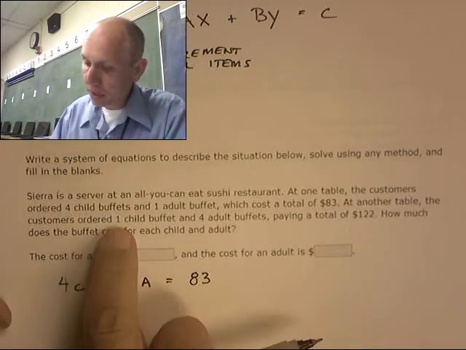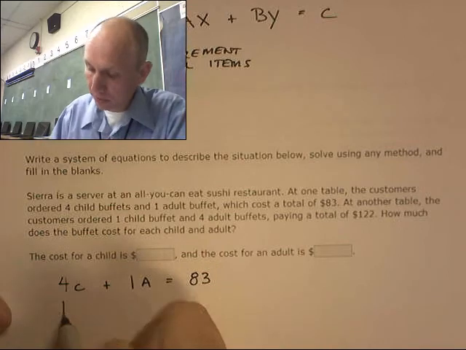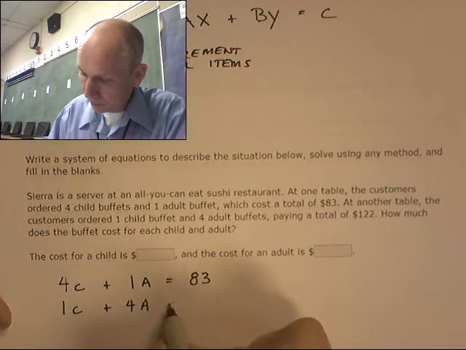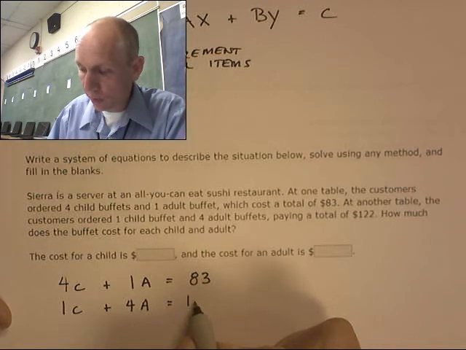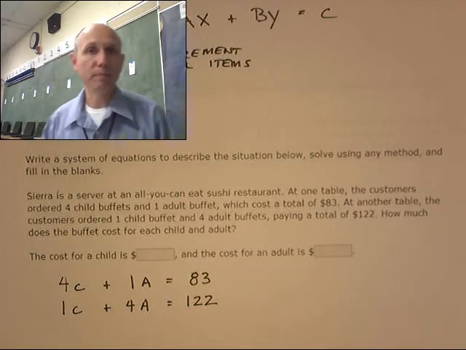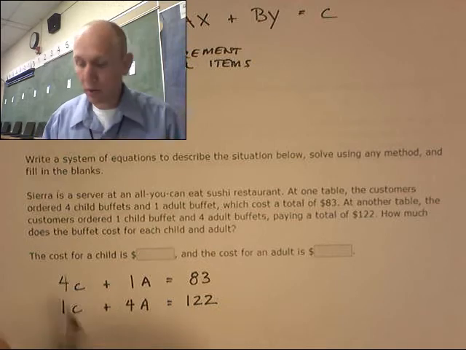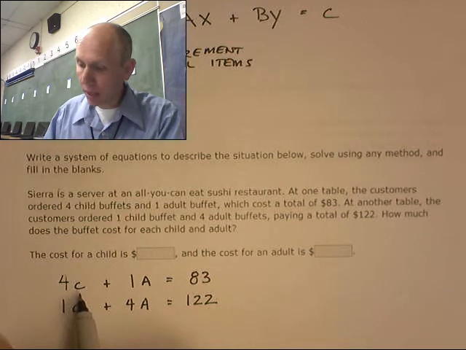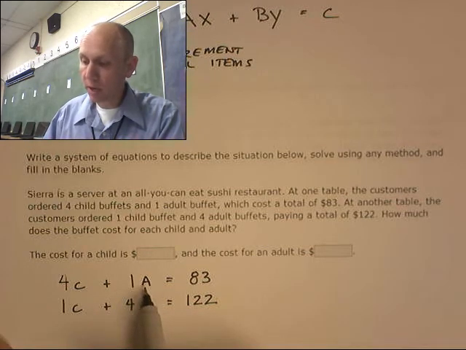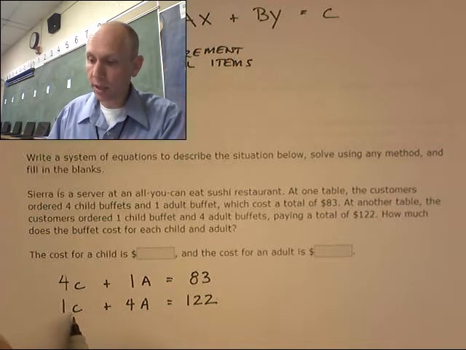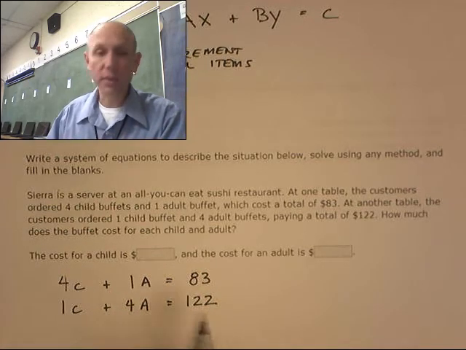At another table, the customer ordered 1 child plus 4 adults, and the cost was $122. This is your system. You have to solve it now. 4 times the cost of a child buffet, 1 times the cost of an adult buffet, equal a total cost of $83. 1 times the cost of a child plus 4 times the cost of an adult equals $122.